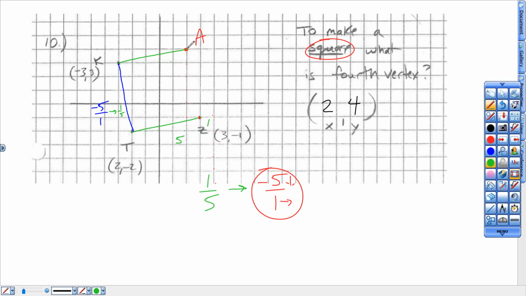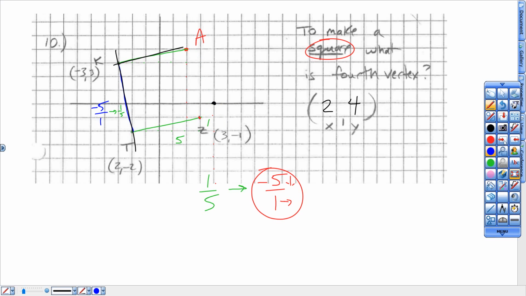And then just realize on the exam, it's going to be a rectangle. It's not going to be a square. So 2 of these slopes are going to be a little different. You could either come at this one with a reciprocal slope, or there's going to be a different slope because it's a rectangle. This one's perpendicular slope. So again, we're going to be looking at a rectangle, not so much a square.